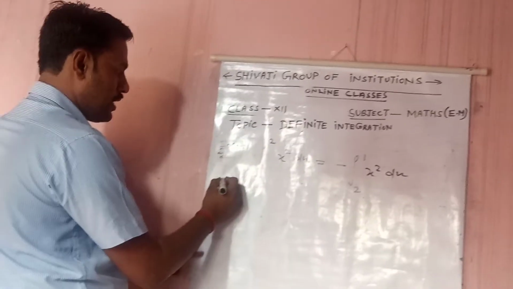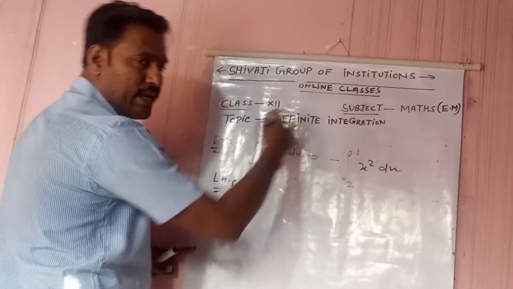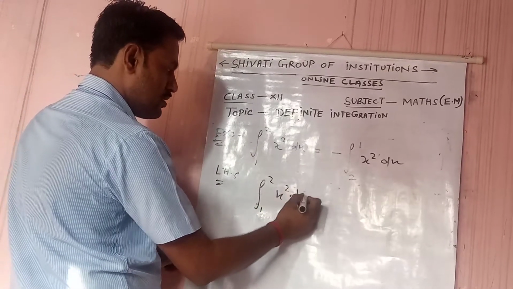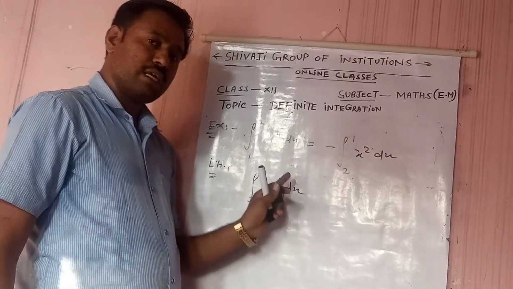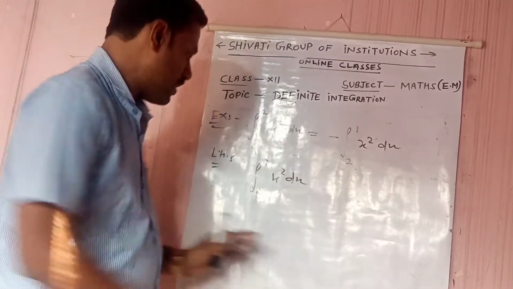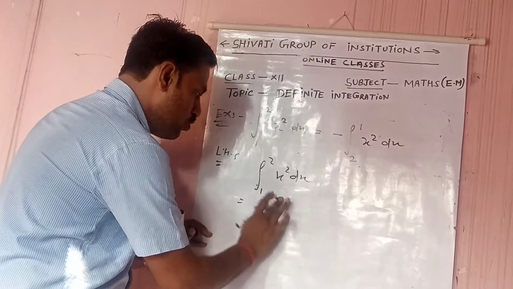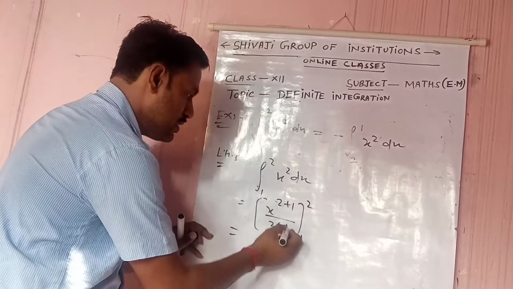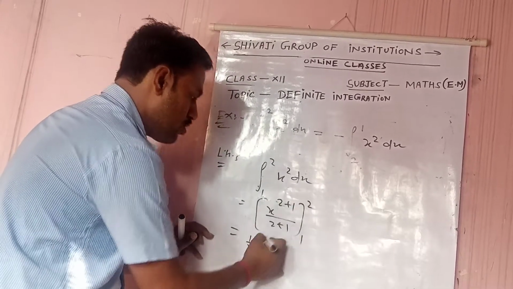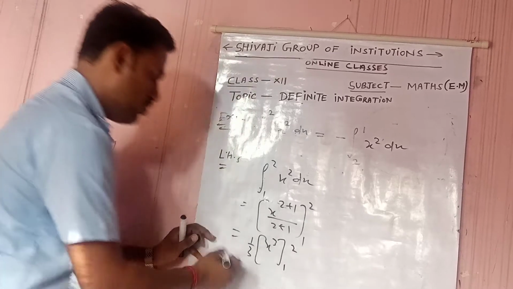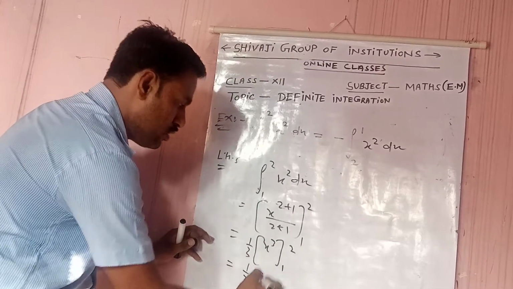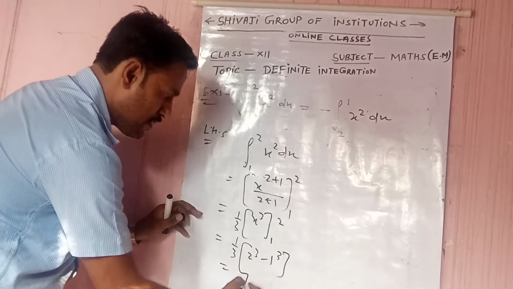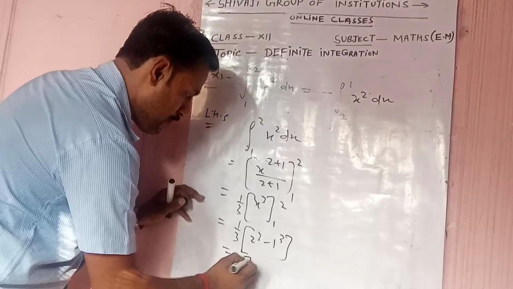So now students, take the LHS. We have to verify this. The LHS is the integral from 1 to 2 of x square dx, and we know that the integral of x to the power n dx equals x to the power n plus 1 upon n plus 1. So the integral of x square is x to the power 2 plus 1 upon 2 plus 1, limit 1 to 2. So this is x cube upon 3, limit 1 to 2. Firstly apply the upper limit, then 2 cube minus the lower limit 1 cube. This gives 8 minus 1, which is 7 upon 3.